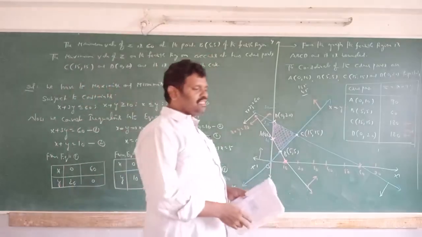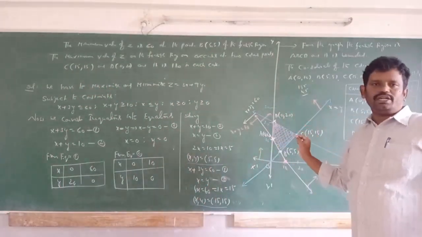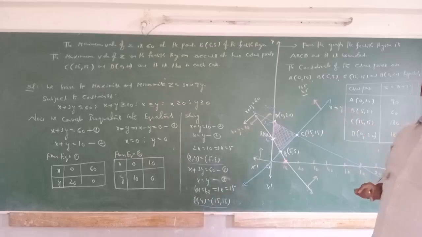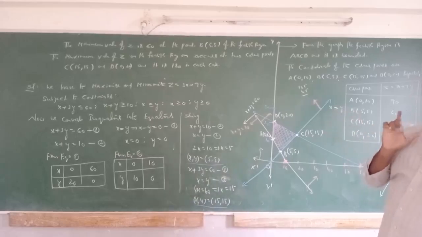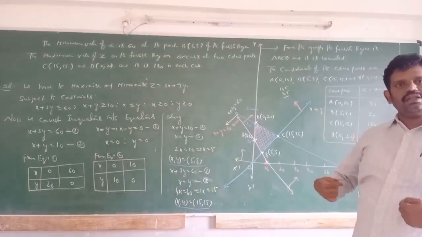So that is the maximum and minimum value of this question. Now this is an important question, this is one model: the bounded region model, and this process is also called the corner point method. Next class we will discuss other models.